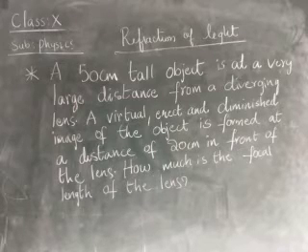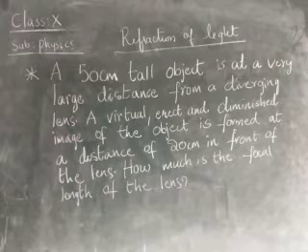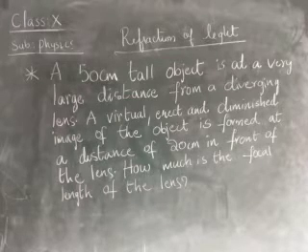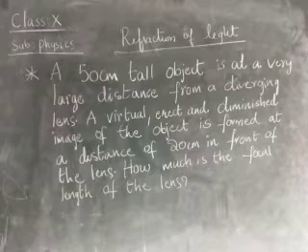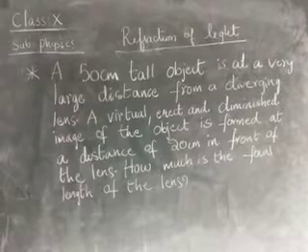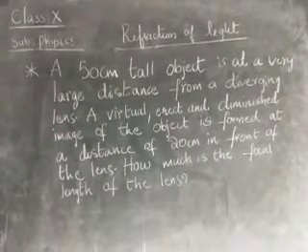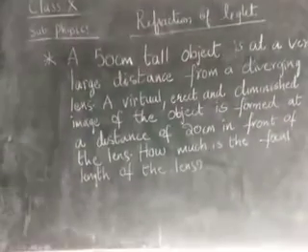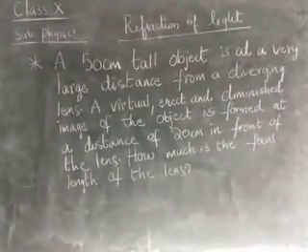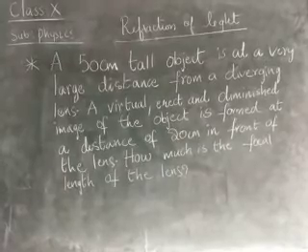A virtual, erect and diminished image of the object is formed at a distance of 20 centimeter in front of the lens. How much is the focal length of the lens? Okay, children. Right.